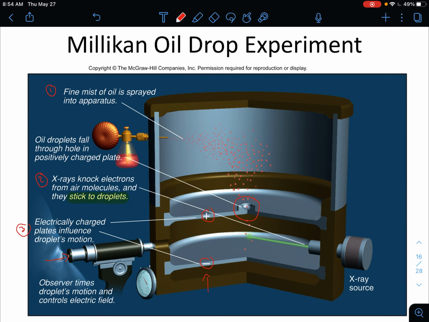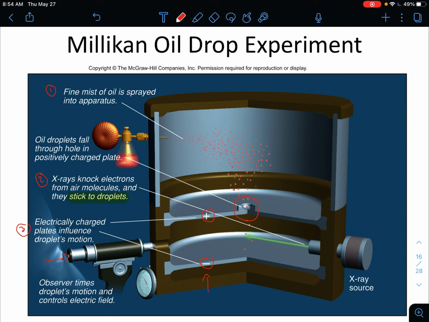So kind of like with Thomson, we can think about math that we don't want to get too involved in, but here's the general idea. Once Millikan knows the field strength required to suspend the oil droplet, that's information he'll be able to use to figure out the charge associated with that oil droplet.